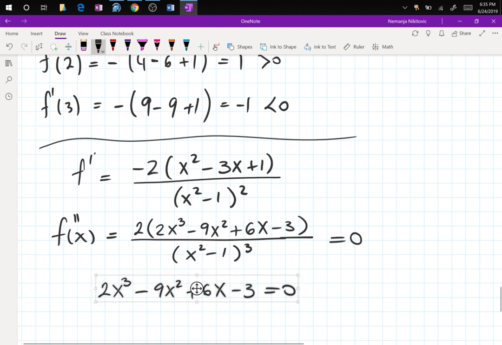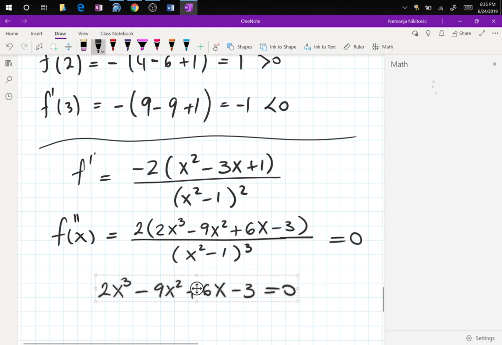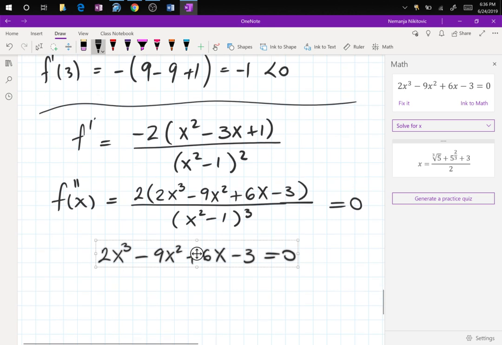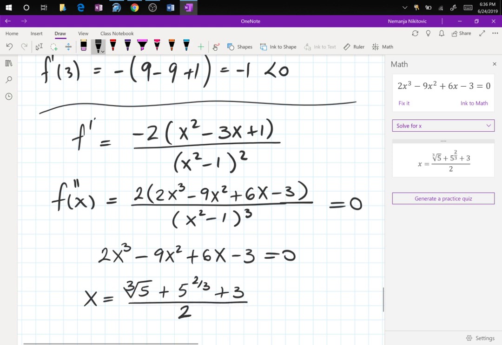Now again, these are all not so pleasant calculations. And they gave us x that we will have to simplify. Cube root of 5 plus 5 to the 2/3 plus 3 divided by 2.